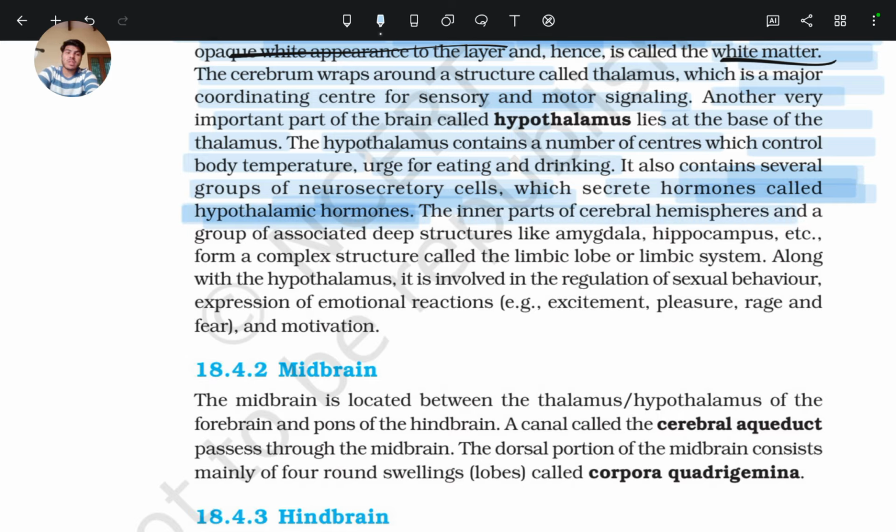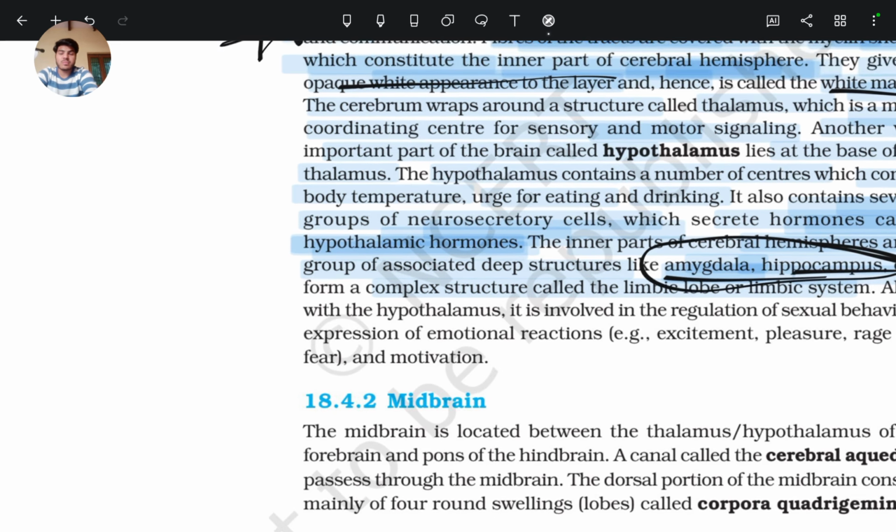The inner part of the cerebral hemisphere and a group of associated deep structures like the amygdala and hippocampus form a complex structure called the limbic lobe or limbic system.